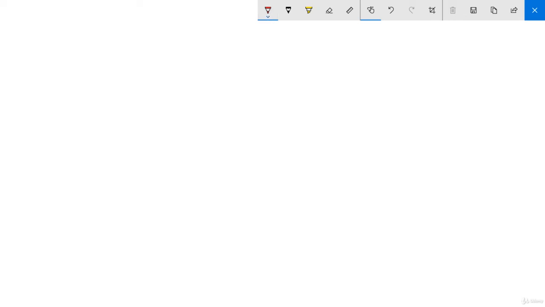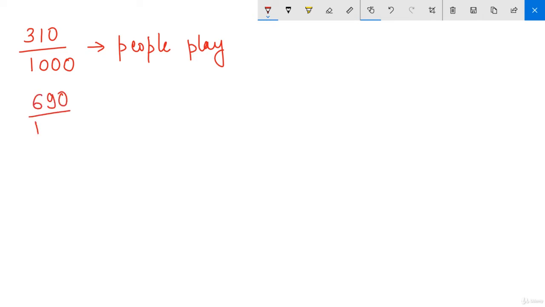We'll take the same example here, and from there you can see 310 by 1000 is the probability that people play, and 690 by 1000 is that they don't play. You can simply find the probability. Total is 310 playing and 690 not playing.